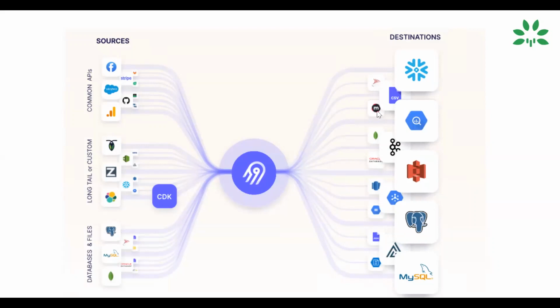So it could be a variety of sources and destinations which Airbyte covers. And it has a very active community which is actively working. So the Airbyte team themselves are working on many of the connectors, and the community also contributes to the connector development.